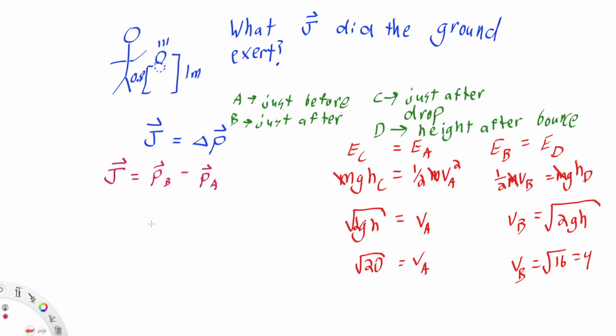We're going to keep in mind that momentum is a vector quantity. At A, the ball is going down. I'm going to go ahead and say that down is the negative direction and up is the positive direction. So at A, the ball is going down, so its momentum is negative. At B, the ball is on its way up, so its momentum is positive.